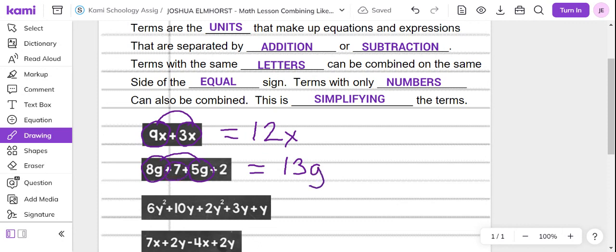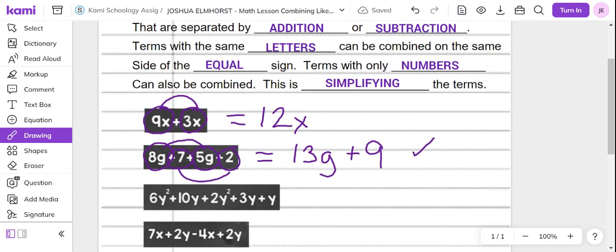Now the 7 and the 2 are separate all by themselves, so the numbers by themselves, those can go together, but you cannot add the G's with the non-G numbers. So 7 plus 2 will give us 9. So these expressions are equivalent, just this one on the right is a little more simplified because the terms that can be combined are combined.